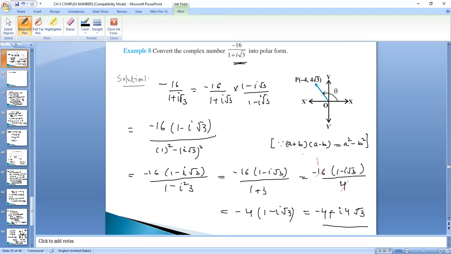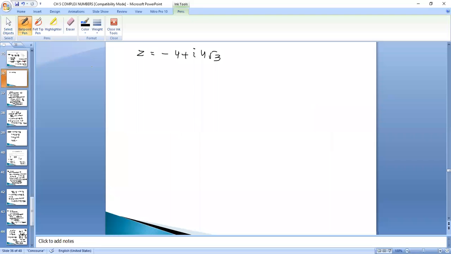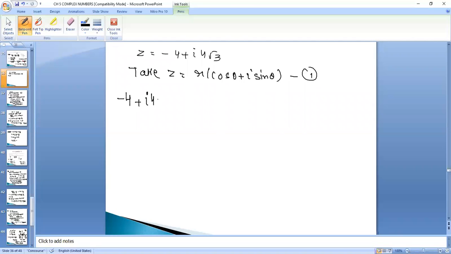First we have written it in the form a plus iota b. Now I can take z is equals to r in the bracket cos theta plus iota sin theta, which is polar form, right? So comparing the two values of z, we will be getting minus 4 plus iota 4 root 3 is equals to this z.